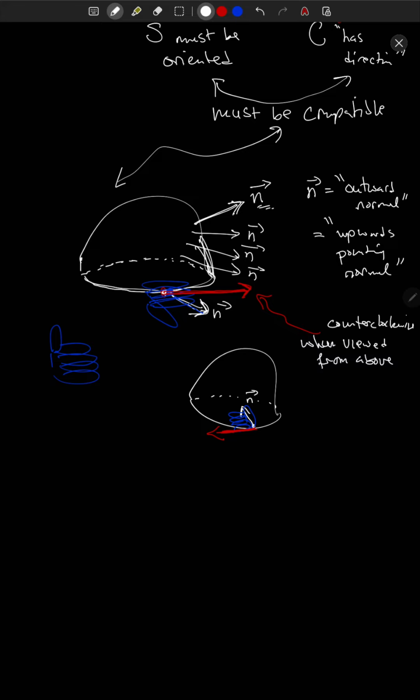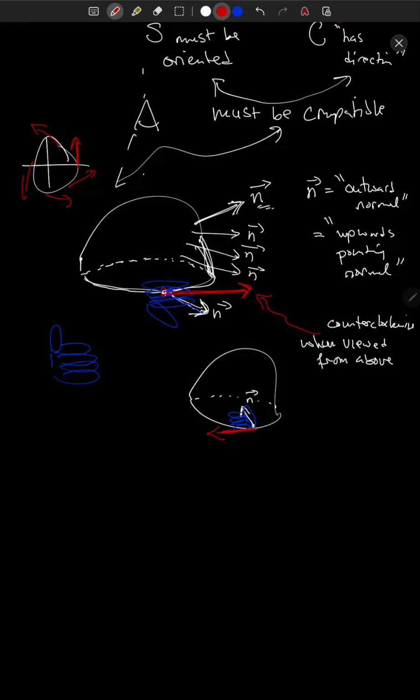So in other words, if you put your eye up here on the z-axis and you look down, what you're going to see in terms of the boundary is a circle, and with the normal like that, it's going to be counterclockwise motion.